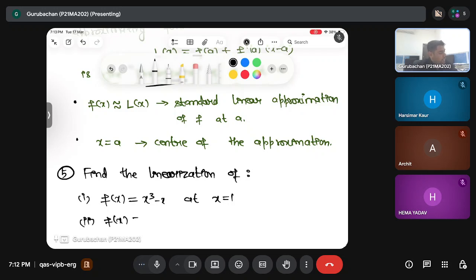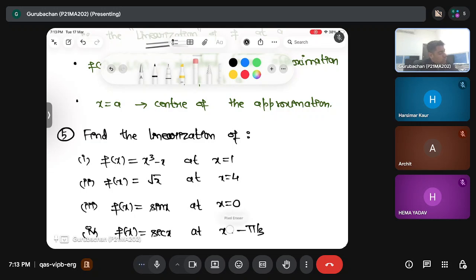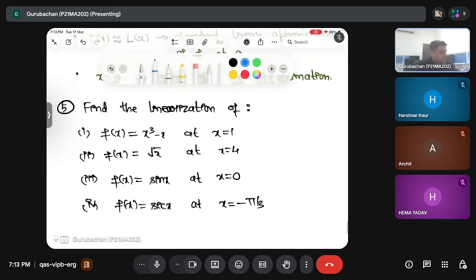Second, f(x) is under root x at x equal to 4. Third part is sin x, the trigonometric function, at x equal to 0. And the last one, these are simple questions that you can do by yourself. Most probably I would not need to solve them here. You will let me know the possible answers for these subparts.